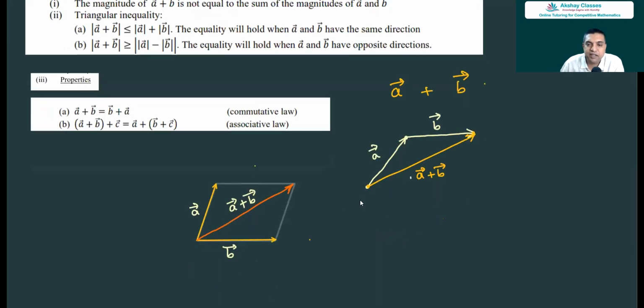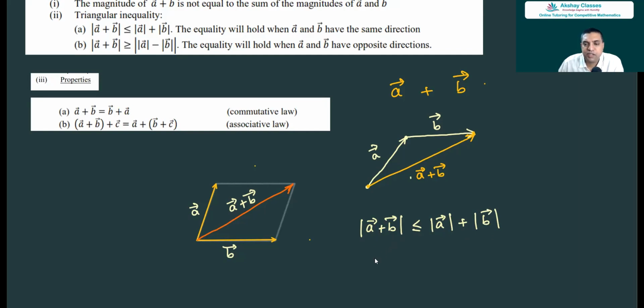So the length of the third side, modulus of A plus B, will always be less than the sum of the moduli of the individual vectors. Sum of the two sides is greater than the third side. That's why we get this.